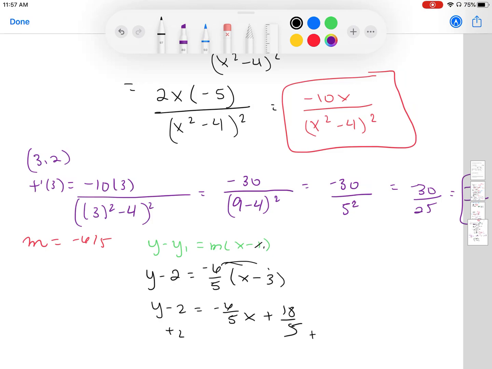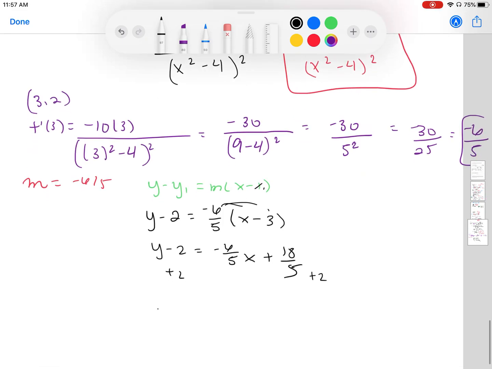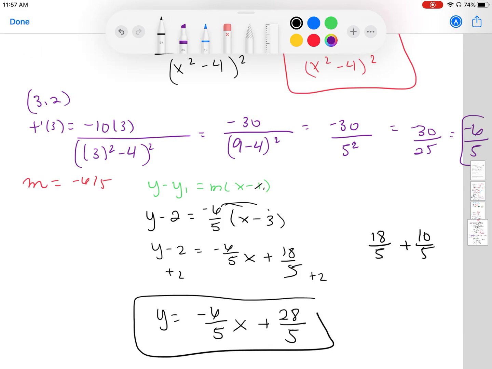I add 2, left with y equals negative 6 over 5x. Let me do some work on the side. So I have 18 over 5 plus 2. I know that should be 10 over 5. So that gives us 28 over 5. And there we have it, our equation of our tangent line at that given point.